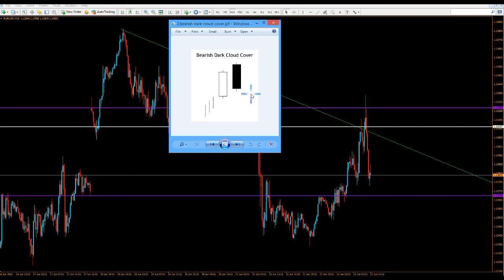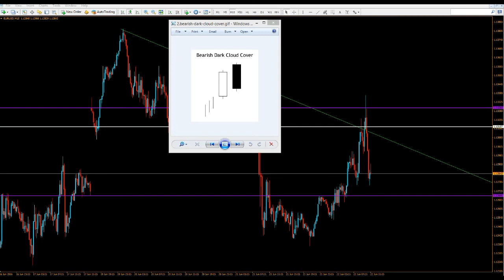So we should move on to bearish dark cloud cover. This is bearish reversal pattern number 2. This one pretty much speaks for itself, right? You have the bulls rushing towards resistance, and once reaching it, the bears enter the market with a rather large volume, pushing the price down and closing it bearish.